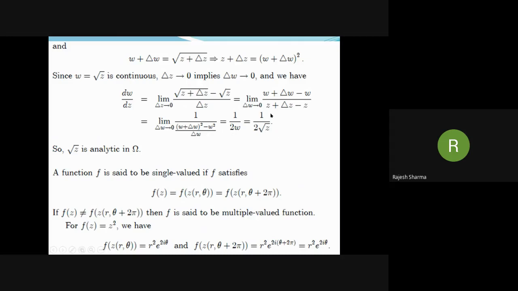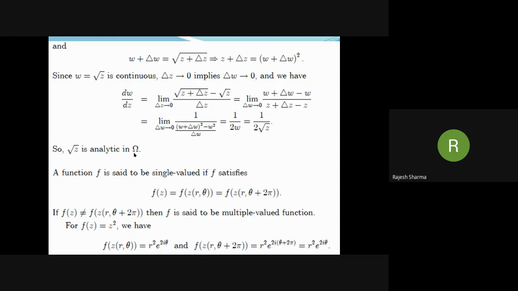So the derivative is 1 by 2 root z. So root z is analytic in omega. That is, if we take root z for the case when the real part of root z is strictly positive, and omega is the region obtained by excluding the negative real axis from the z plane, then this function is single valued and analytic, and the other branch is minus root z.